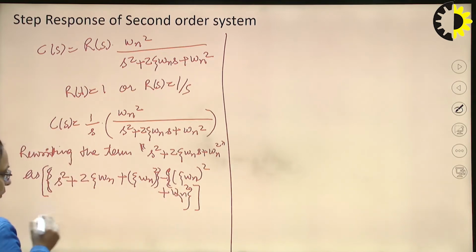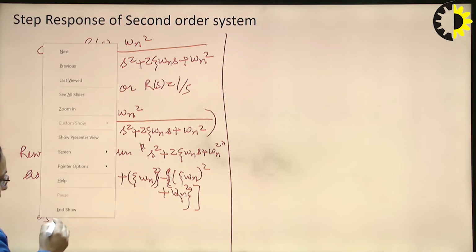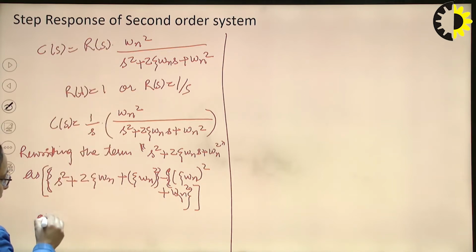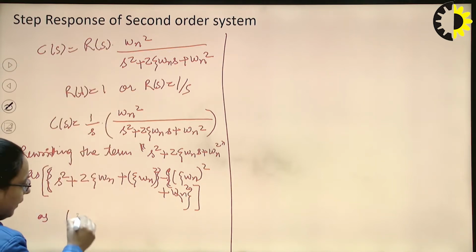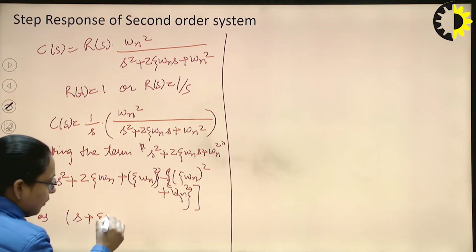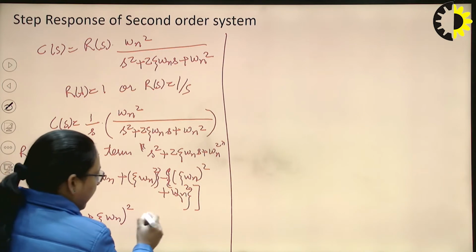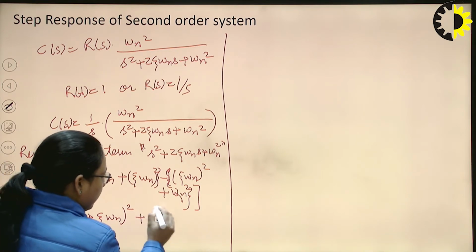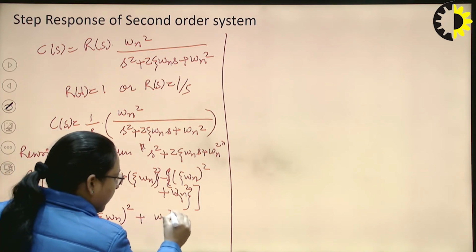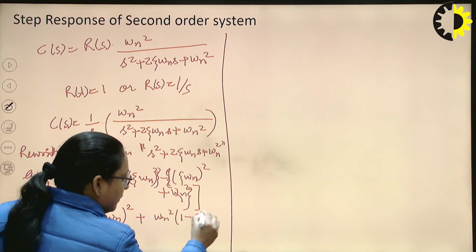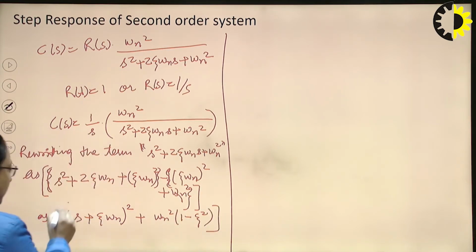So we can write it as s plus zeta omega n whole square plus omega n square into 1 minus zeta square. So this denominator can be written like this.